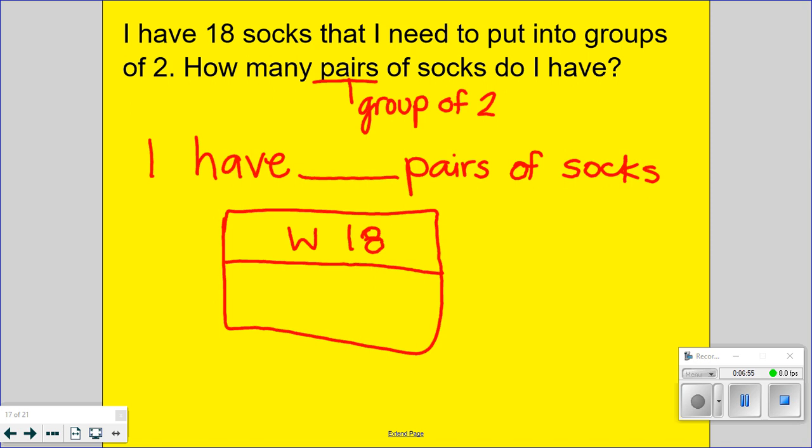It's very tricky. It feels very similar. It sounds very similar. I know that I'm putting 2 socks in a group. But do I know how many groups or pairs to make? No, it does not tell me.